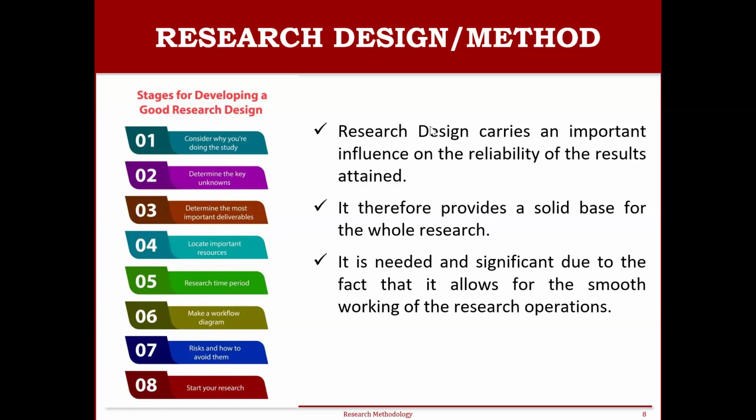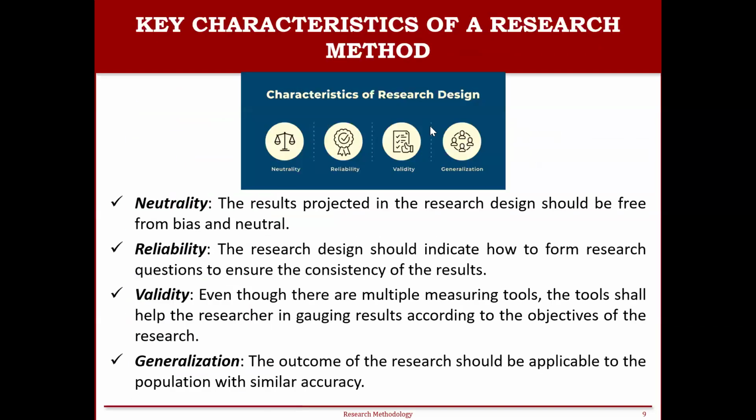And you should have a proper plan and workflow for your study. Also you should assess the risk factor. You should conduct a risk analysis and a feasibility study when you are starting your research. So then you know how to avoid those issues. That is how we design our research method and the research design.